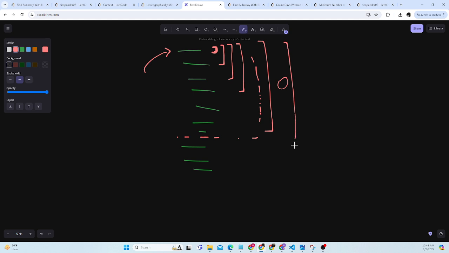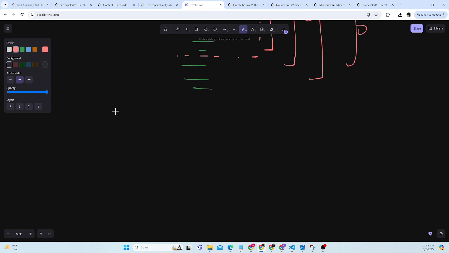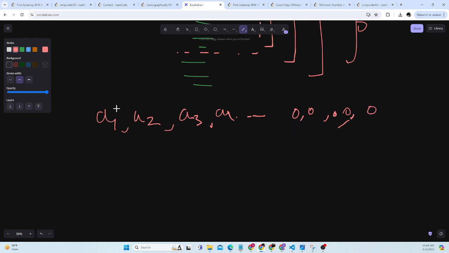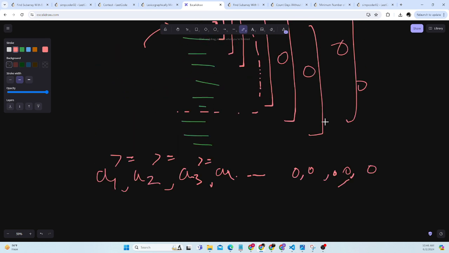After that all will be 0. So our prefix AND will be something like A1, A2, A3, A4, 0, 0, 0, 0, and so on, with each less than or equal to the previous one.